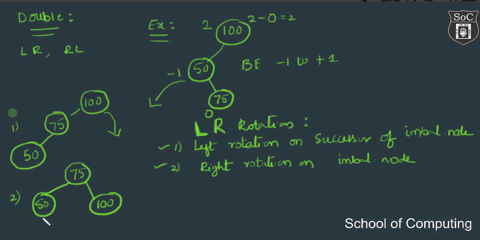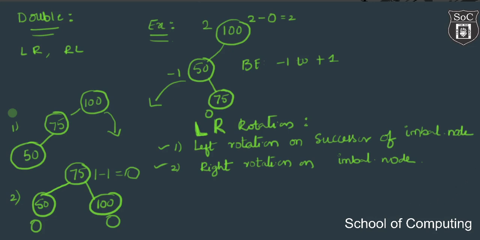So is it height balanced? Yes, height at leaf node is 0, and here it is 1 minus 1, which is 0. Finally, it became a height balanced tree. So this is an example for your LR rotation.